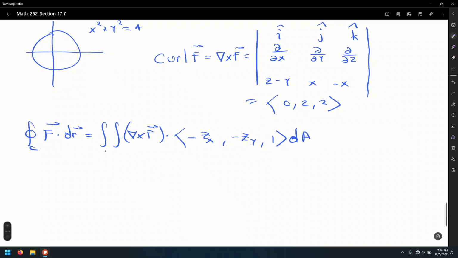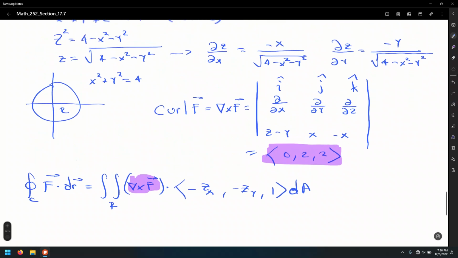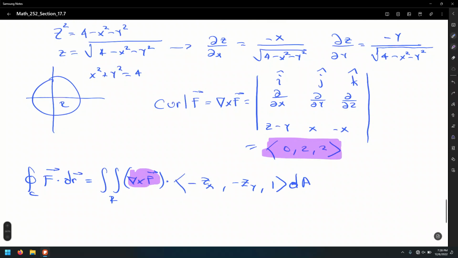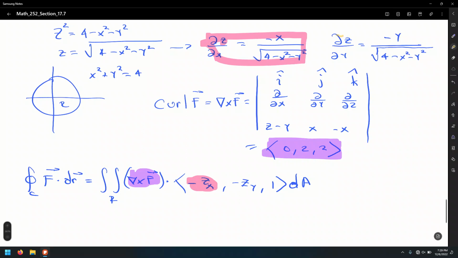Let's call it R for now, which is this region R. That's the region generated by this xy trace from our surface we're working on. We already got the cross product, the curl, which is this guy right here, and we got our partials from before.